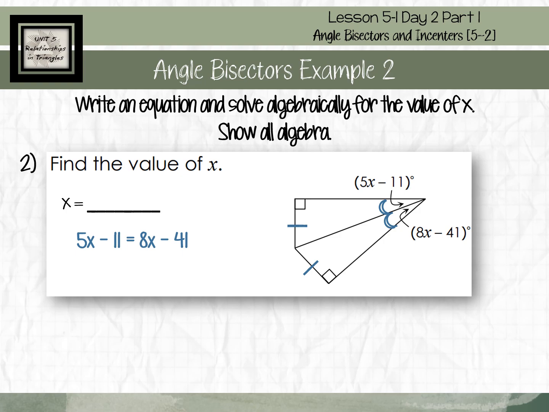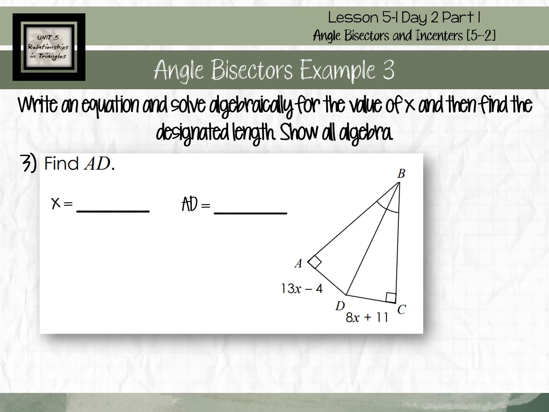Move the smallest guy, so subtract 5x on both sides. Don't lose your negative. That minus 11 comes down as negative 11, and 8x minus 5x is 3x. Bring down your minus 41, and then get rid of it by adding 41 to both sides. So when we combine like terms on the left-hand side, we get 30 equals 3x. Divided by 3, x is 10.